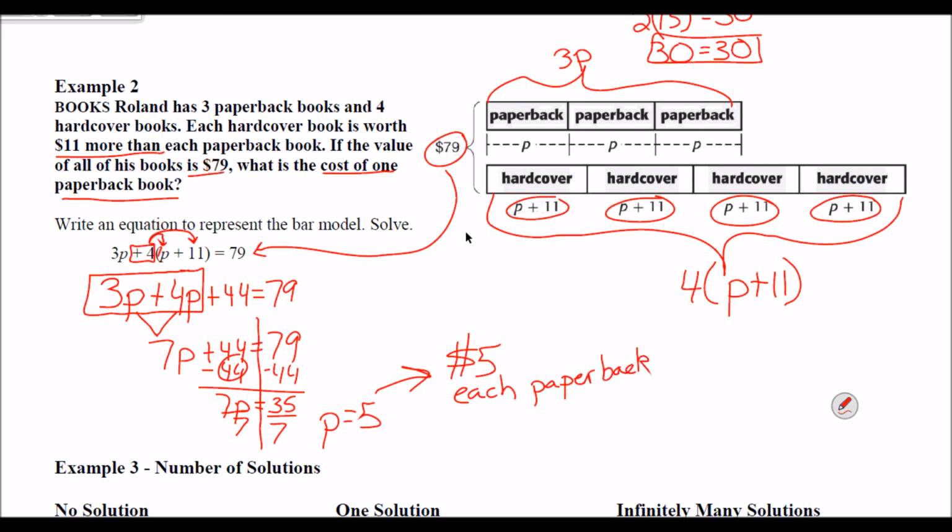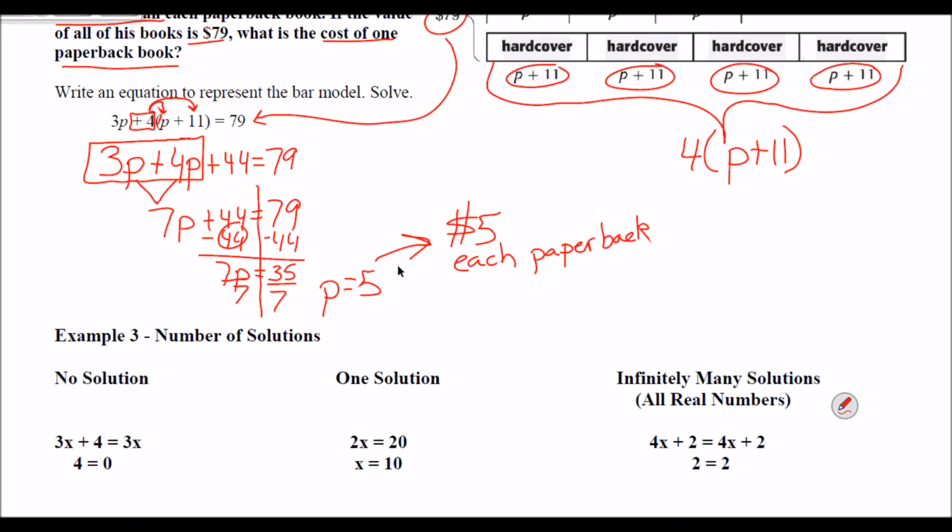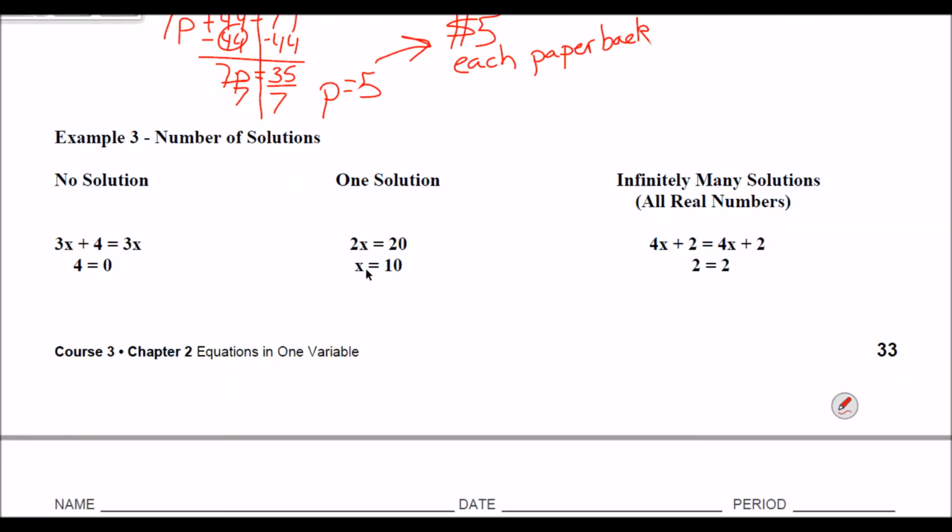Okay? All right. Here we go. Take a look at example number 3. That's something that I didn't mention at the start of these notes.